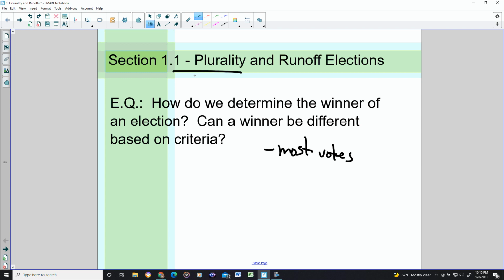Plurality means most votes. So a candidate who has a plurality of the votes has more votes than any other candidate in that election. And that seems the most obvious, but there's always a little bit more to the story than that, right?